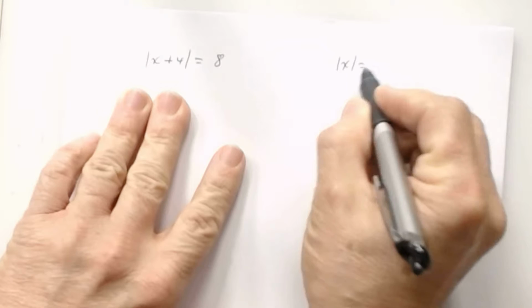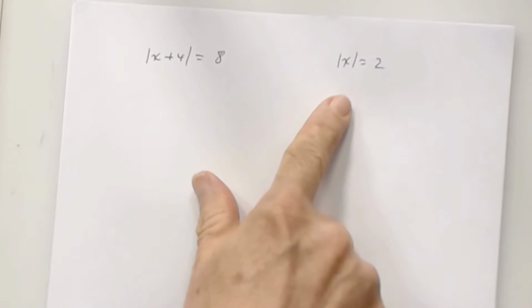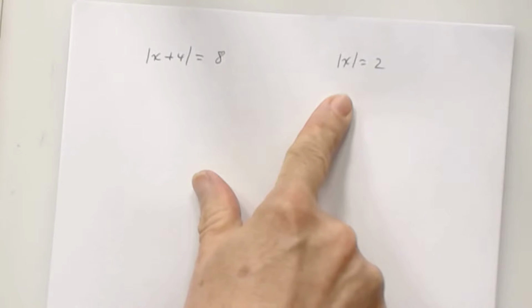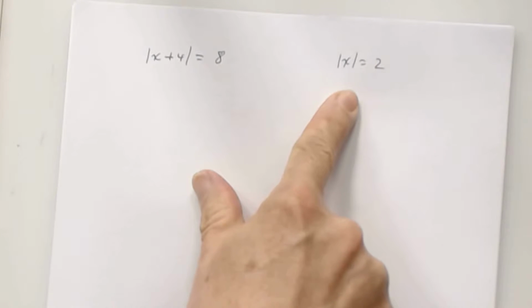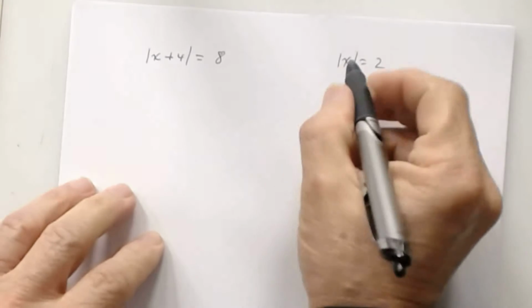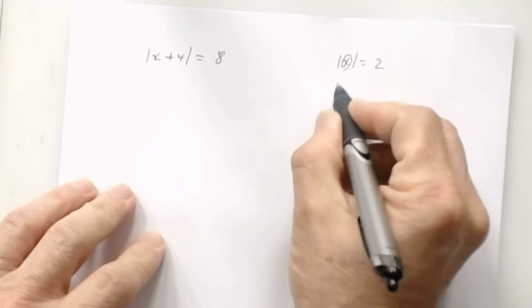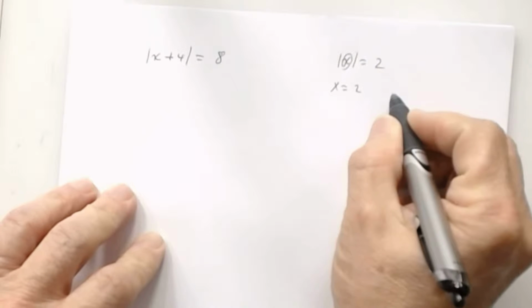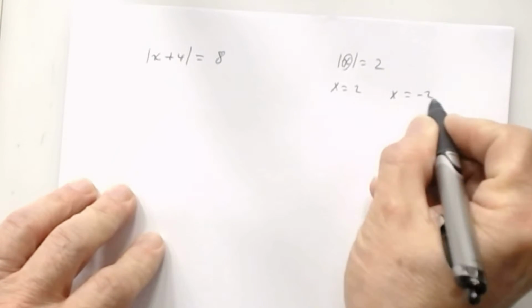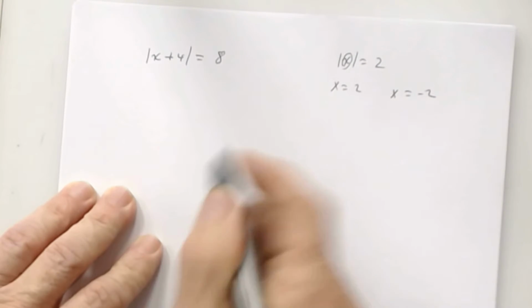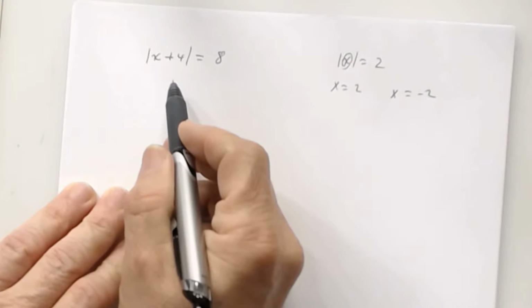And we did this. Remember that? We said the absolute value of what number equals 2? What are the solutions here? 2 and negative 2. All right, so we said this expression in here must be 2, and it also could be what? Negative 2.